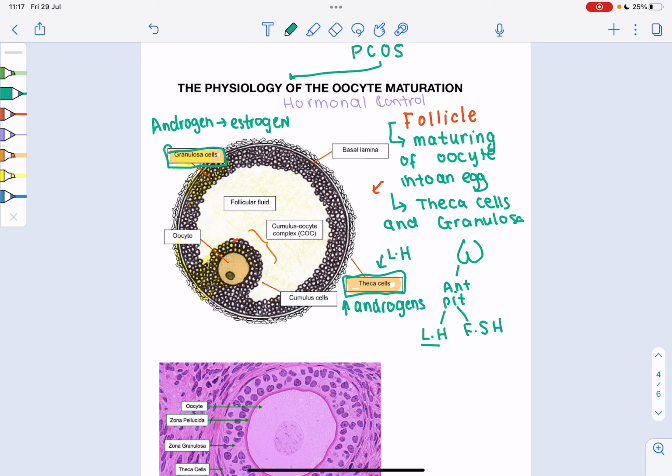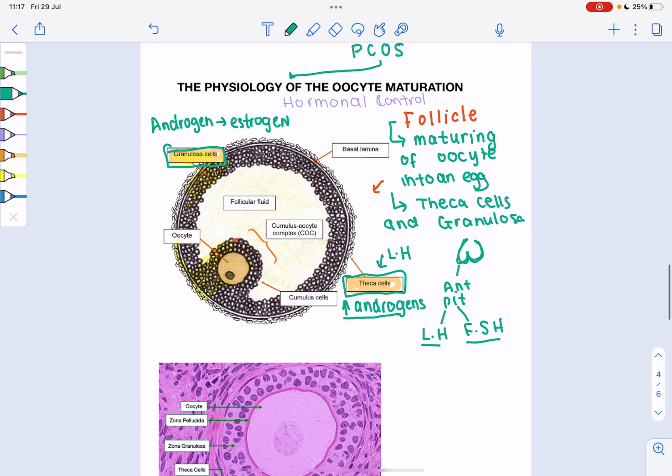The theca cells were acted on by luteinizing hormone. The anterior pituitary gland released luteinizing hormone and FSH. The luteinizing hormone goes and acts on the theca cells to release androgens. These androgens then go over to the granulosa cells where they're converted into estrogen under the action of FSH.